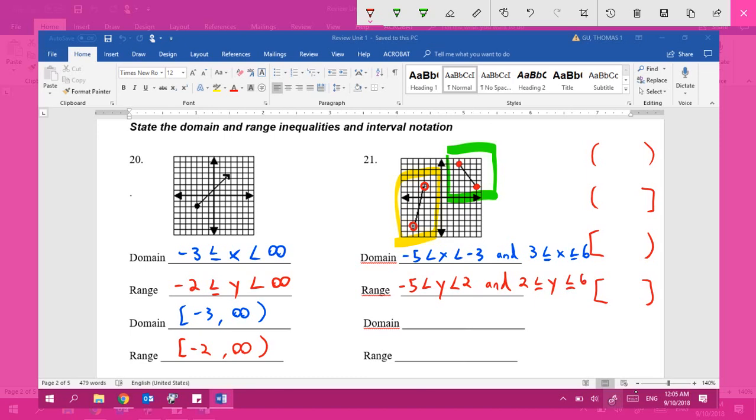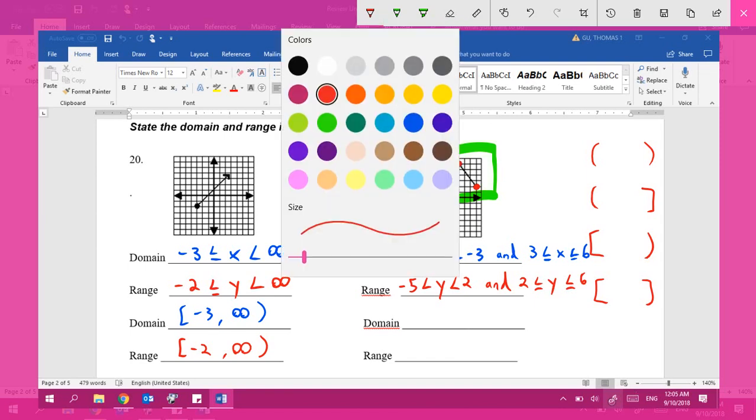Now, if you'll notice, actually the range goes all the way from this -5 up to the 6, because even though it doesn't touch right here, it's the exact same value as this one, and this part does touch, but you can do either way.